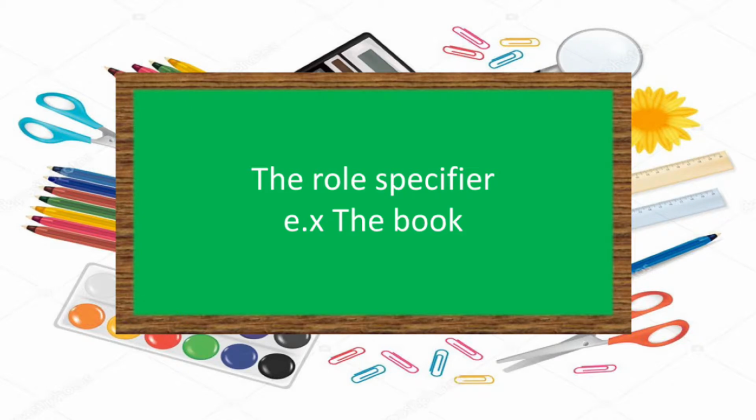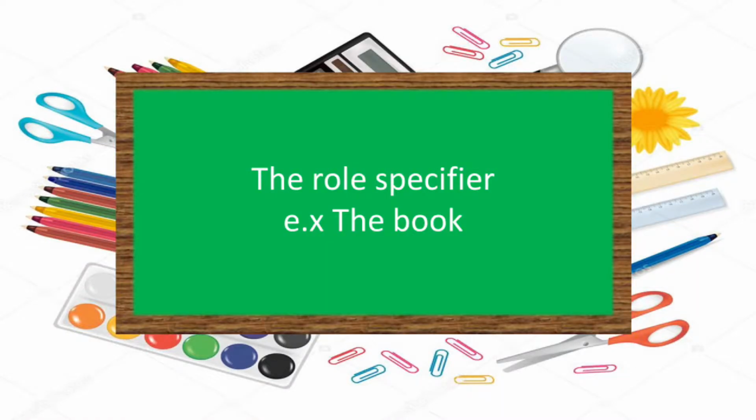The first explanation is about the rule of specifier. How do we know the rule of the specifier? The first is just the example: the book. Here "the" is a specifier and "book" is the head.